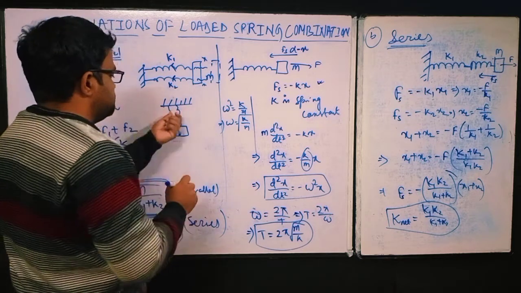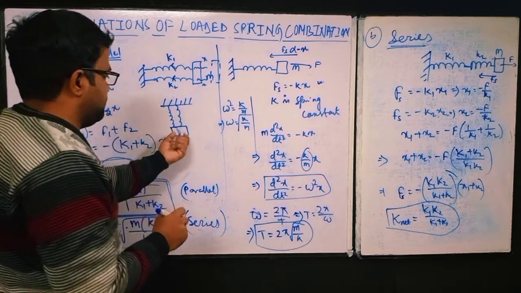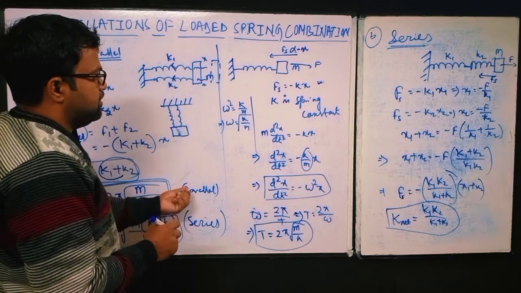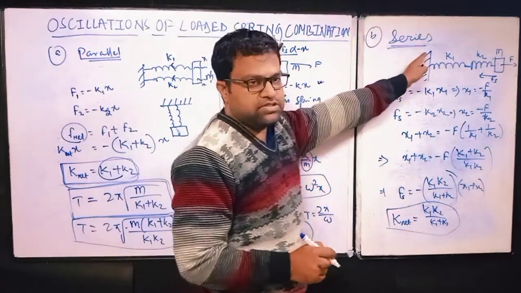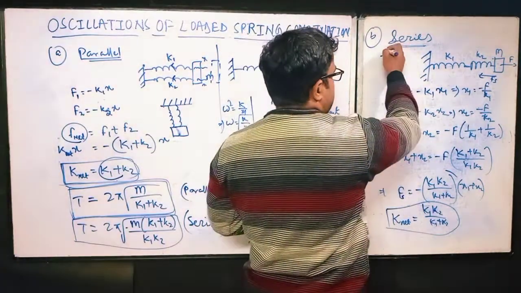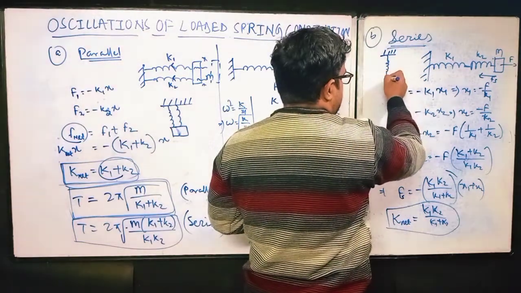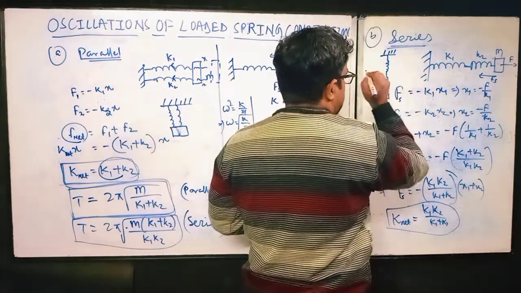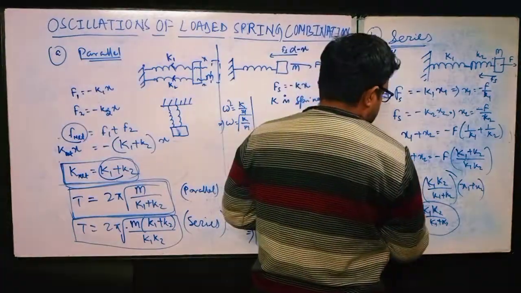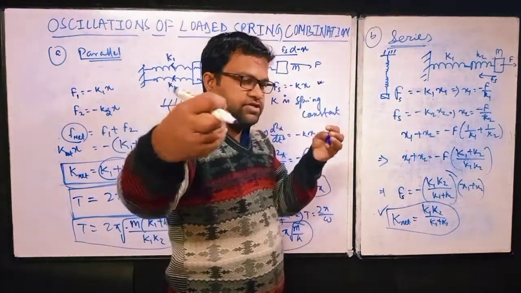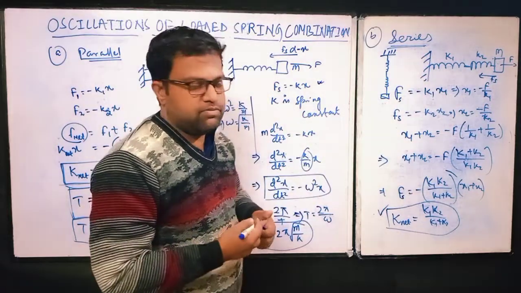If two springs are connected in parallel and one mass is hanging, then also you will get this type of result. And similarly, if both the springs are connected end to end and the mass is hanging, then also you will get the same result. So whether it is vertically hanging or oscillating horizontally, this result will be applicable.